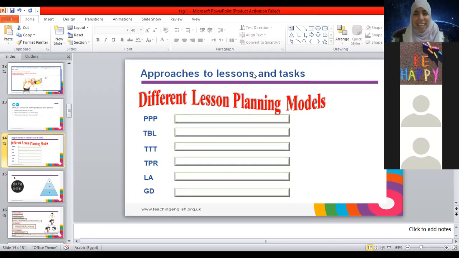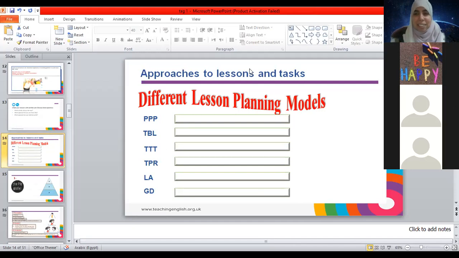What do you think about LA? It's related to vocabulary, words, phrases, chunks, collocations. It's the lexical approach.